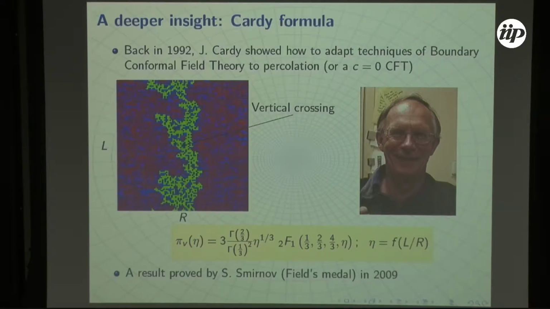This formula was proven mathematically by Smirnov, I think in 2009, and he later won the Fields Medal for this. So this is a really remarkable result, if you think how complicated it is to get this. But in the field theory it is very easy.